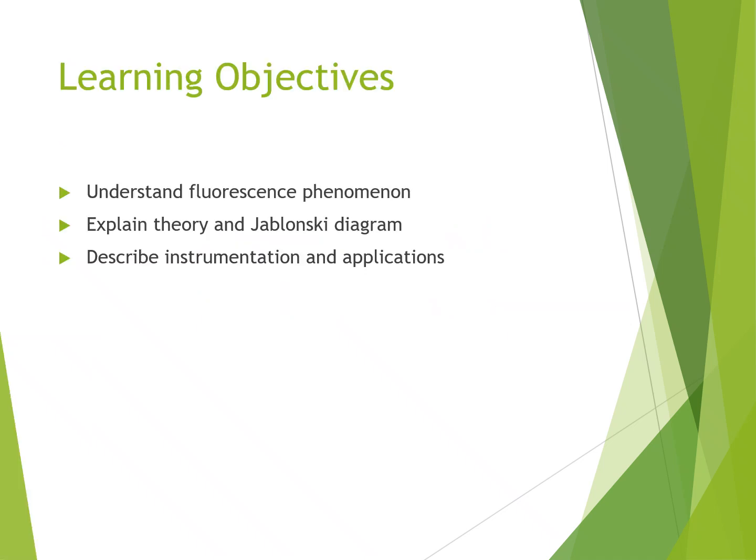After completing this lecture, we will be able to define fluorescence spectroscopy clearly, explain the theory using the Jablonski diagram, describe the instrumentation of a fluorescence spectrophotometer, and discuss its applications, advantages, and limitations. So keep these objectives in mind. We will move forward.